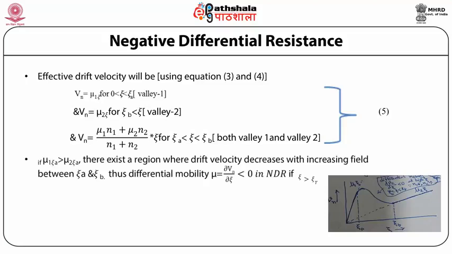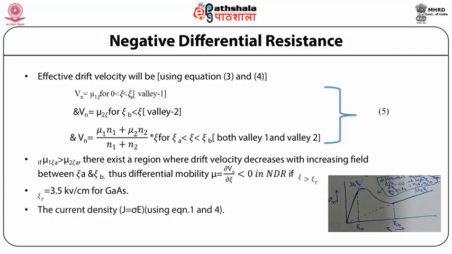So if mu1 zeta A is greater than mu2 zeta B, there exists a region where drift velocity decreases with increasing field between zeta A and zeta B. Thus the differential mobility mu is del Vn by del zeta less than 0 in NDR, if zeta is greater than zeta T, where zeta T is 3.5 kilovolts per centimeter for gallium arsenide.